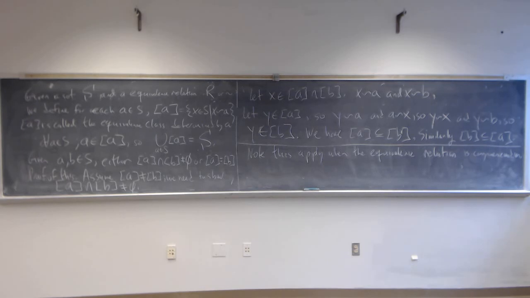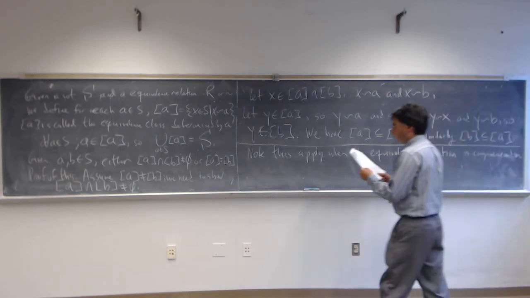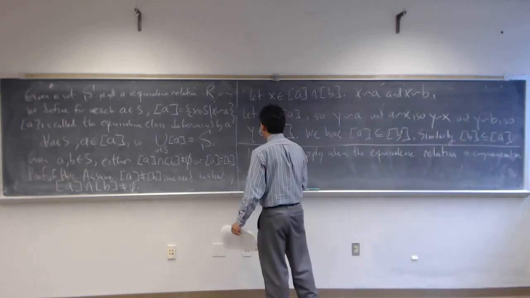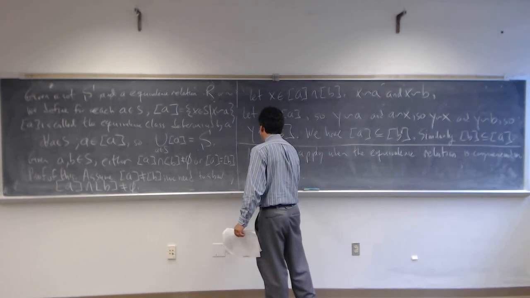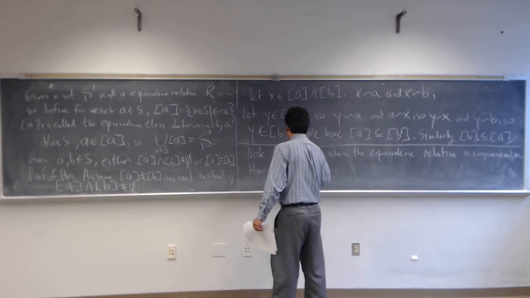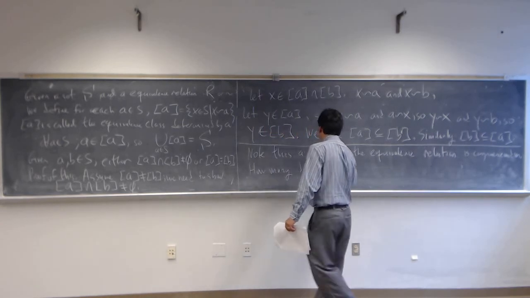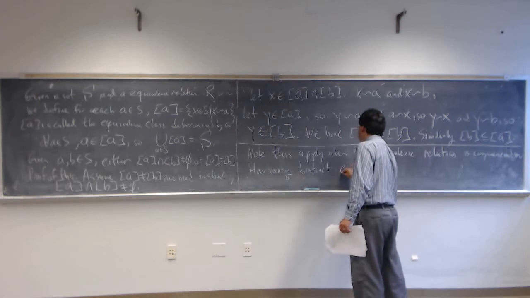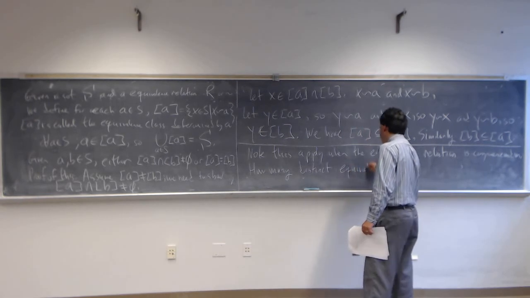Let's look a little bit more at that special case as to how the partition works. So, how many distinct equivalence classes are there in this case?